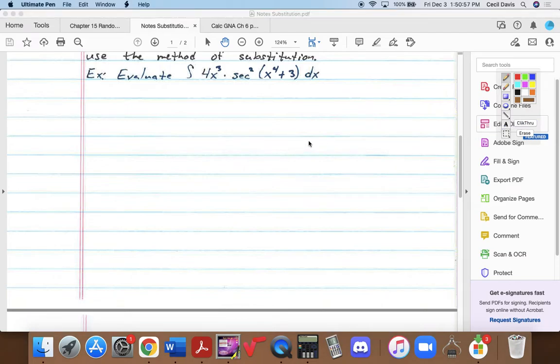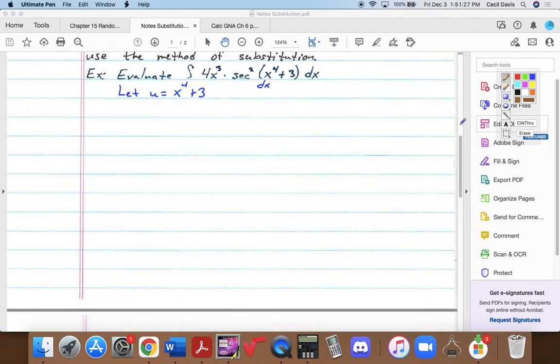Here's how the method of substitution works. We're going to almost always let u be equal to the inner part of the composite function. Then we'll take the derivative of both sides with respect to x.